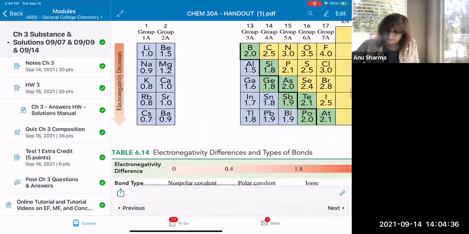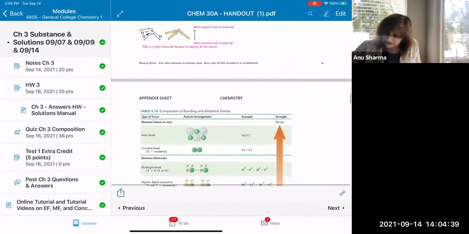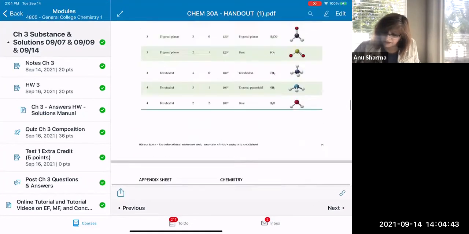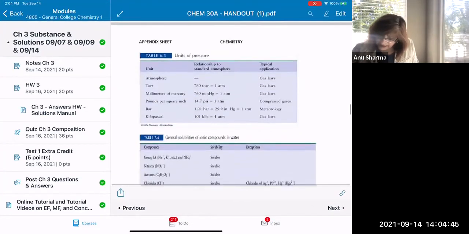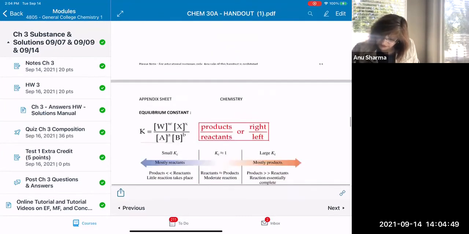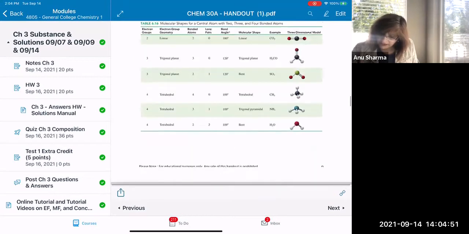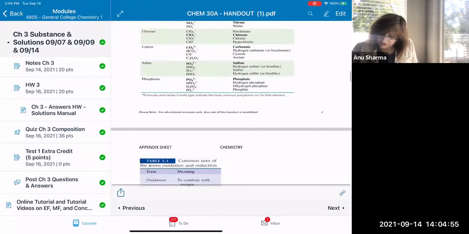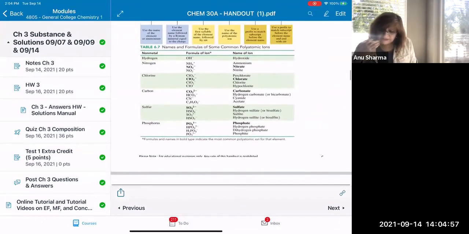There are many, but you also have a list of these polyatomic ions. I think I had it. I don't recall now, I may have put it. Polyatomic ions right here. So this is on the handout, page 6, table 6.7.